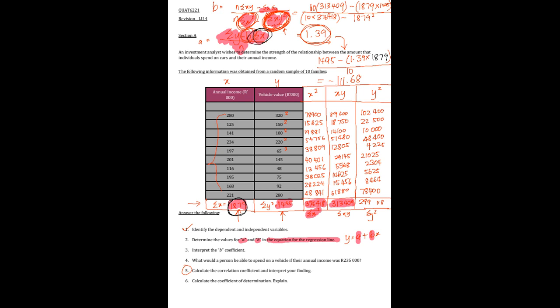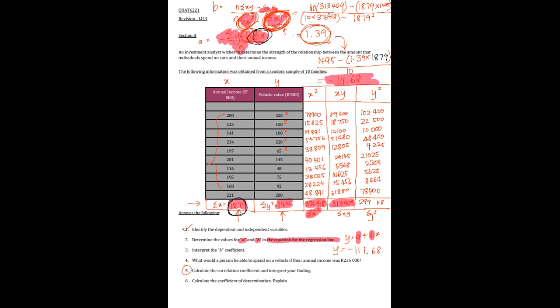So for the equation y is equal to a plus bx, we calculated that a is now the negative 111.68. So you'll say y is equal to, and because it's negative, you leave it as a negative. So negative 111.68.